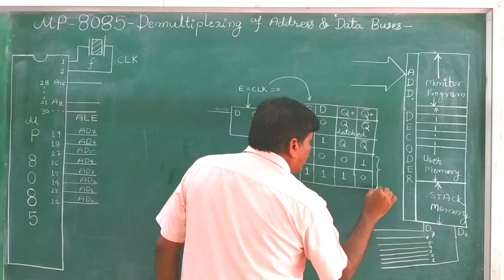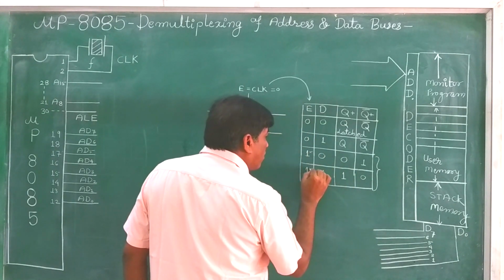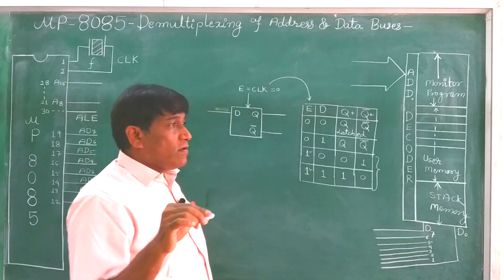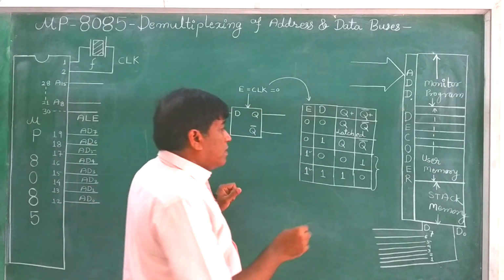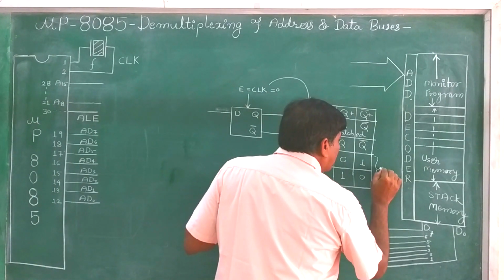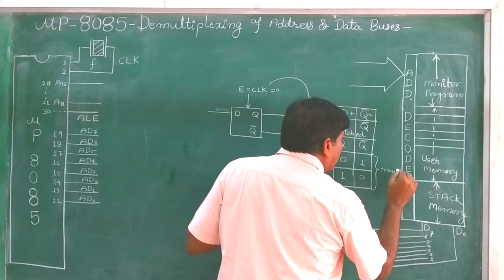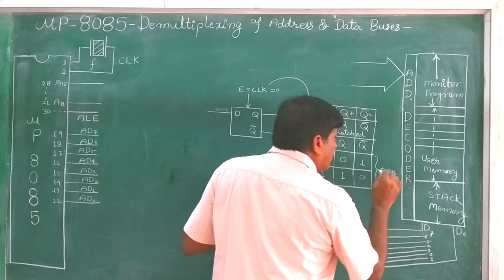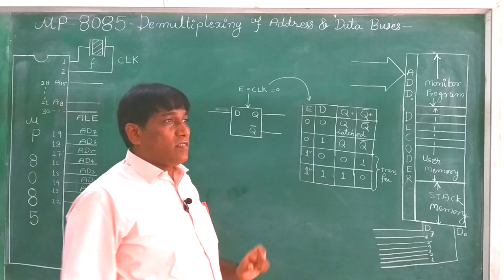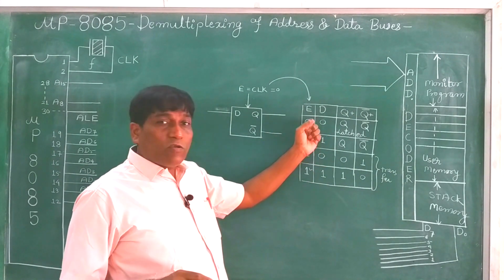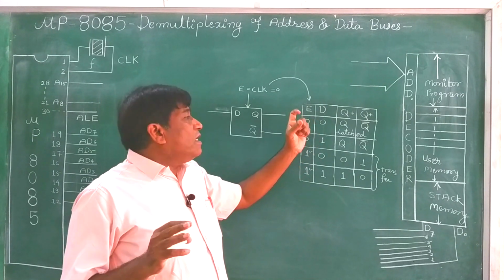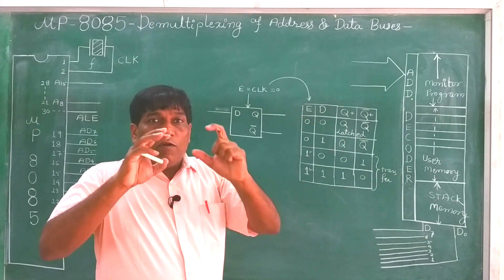Whenever the clock is enabled, whenever the clock is applied to this flip-flop, the input is transferred to the output. And if enable is not activated, it will latch the value. Latch means it will hold the value.